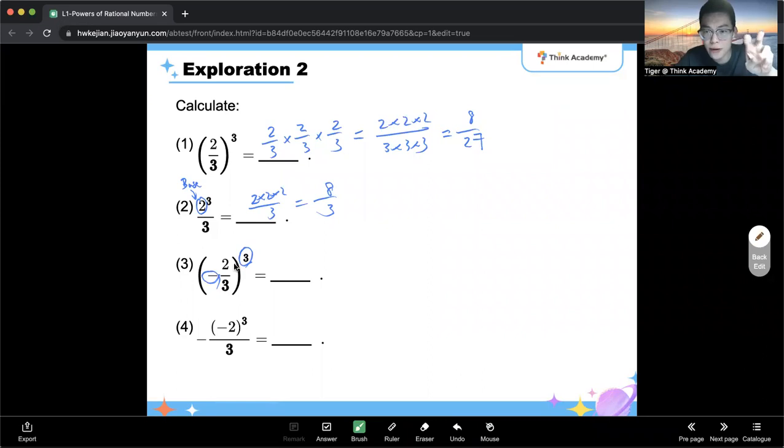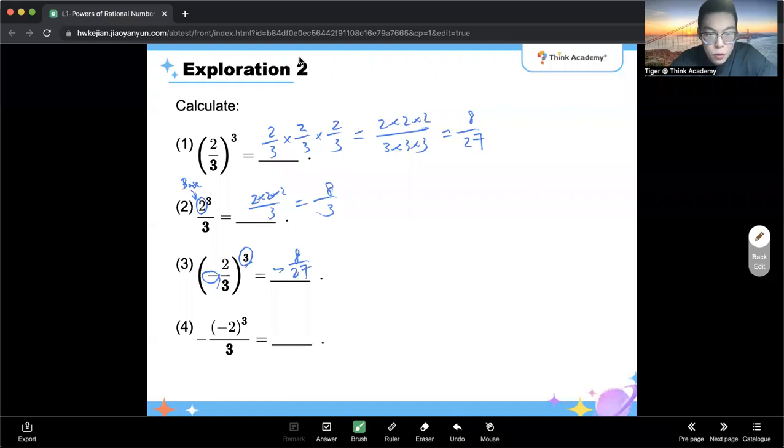So it satisfies both requirements, which means that it's going to be negative. And then for the numerical value, that's going to be the second step. So the numerical value is going to be 2/3 to the power of 3, which we have from section 1. That's going to be 8 over 27. And the third step is to put them together, and we get the answer. Right. So that's going to be the third one.